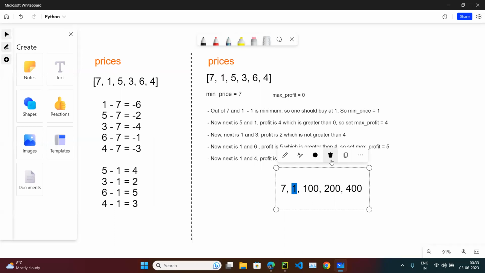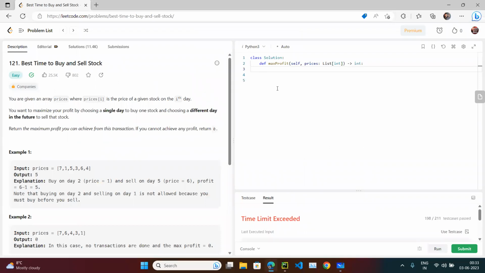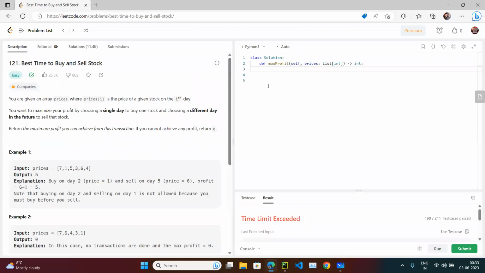All right, so now let's try to do the question. First I need to handle the boundary condition. So n is equal to the length of prices, and if n is less than or equal to 1, then I'm going to return 0.